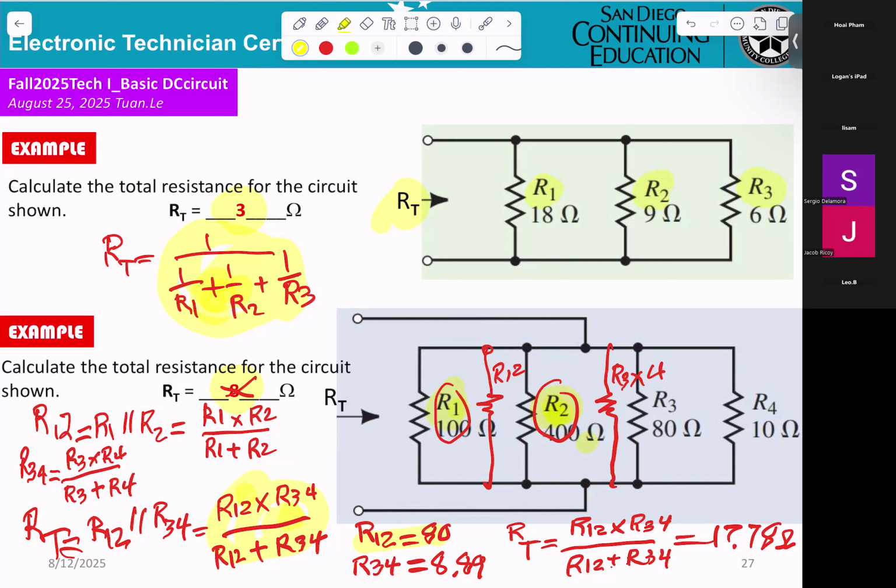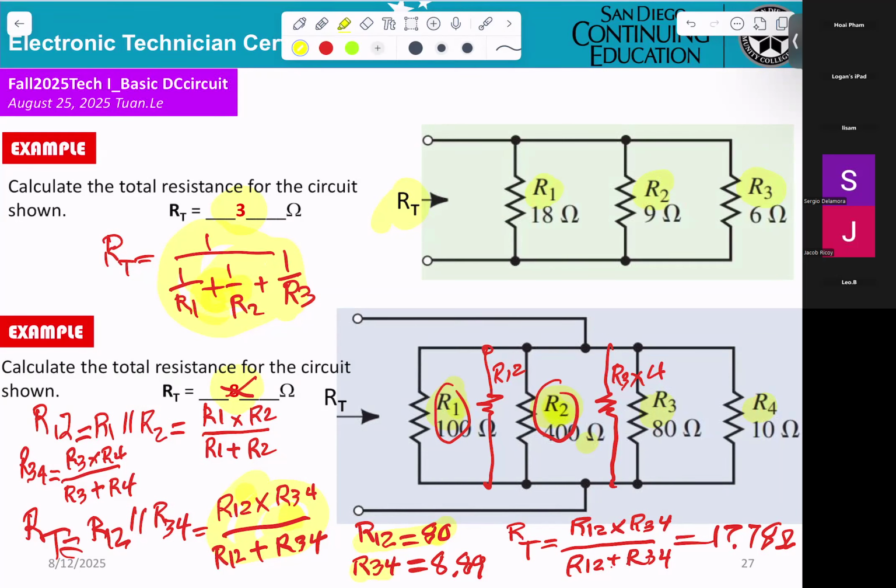I got 80 there. Okay, you're right. Now 3 and 4 in parallel, 80 and 10. What do you get? 8.88889. Okay, 8.89.